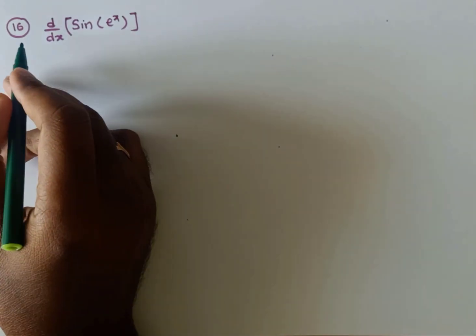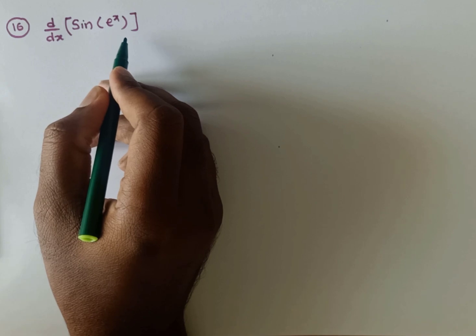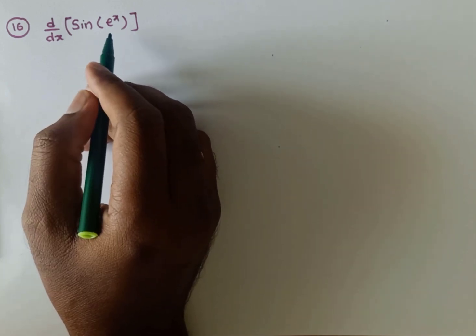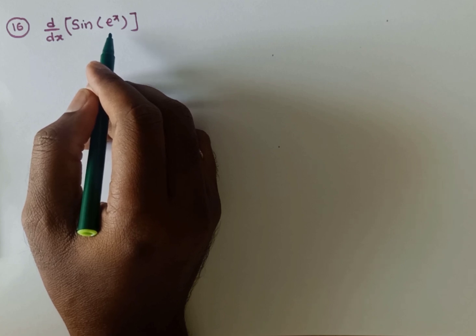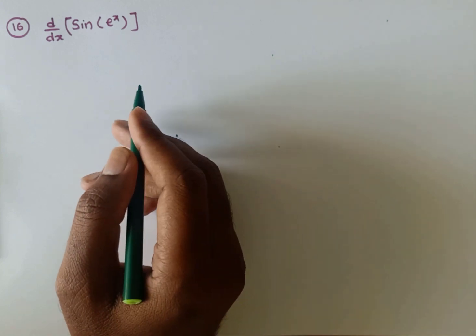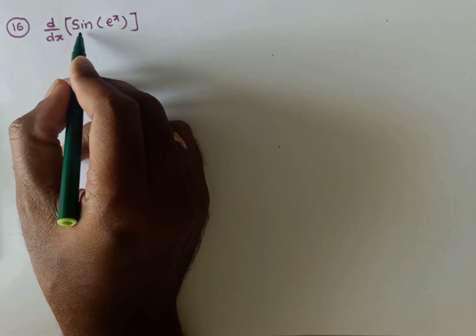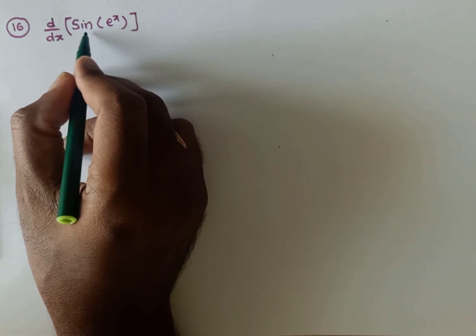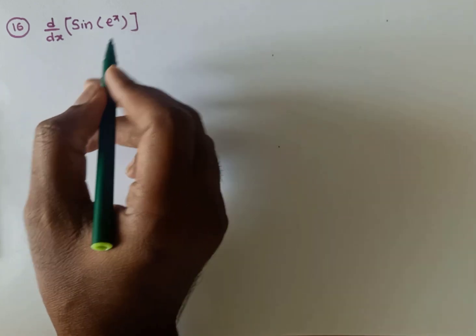So the next is d by dx of sin of e power x. This is based on the chain rule. In the chain rule, for f of g of x, the derivative is f prime of g of x into g prime of x. So here f is sin and g is e power x. We need to apply the derivative of the outer function and then multiply by the derivative of the inner function.